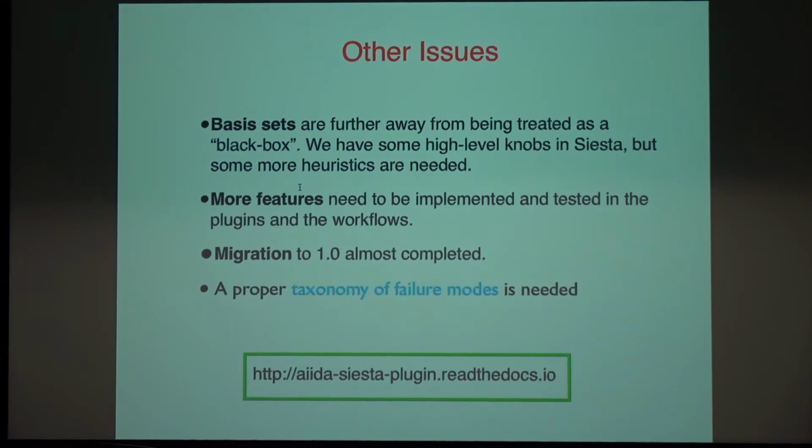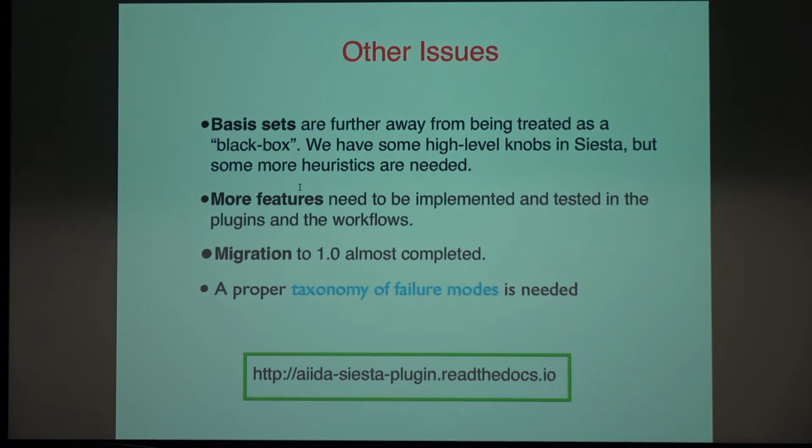The problem is that the optimal basis set for an element depends on the chemical environment it is in. So we are reluctant to treat that as something that you can just download from someplace. Ideally, we provide in Siesta mechanisms to optimize the basis set for a certain material on the basis of its chemistry.